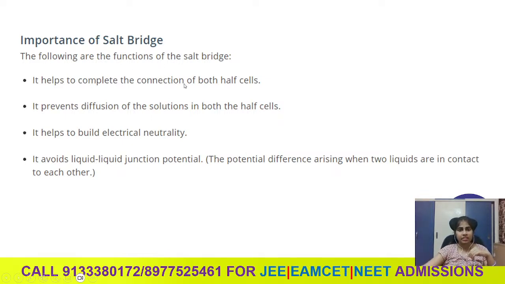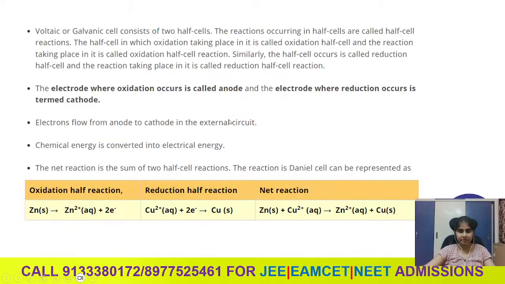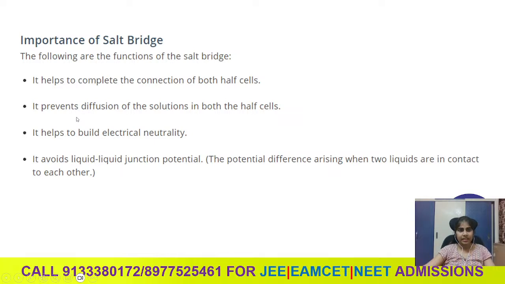See, the following are the functions of the salt bridge. It helps to complete the connection of both half cells. If you see in this diagram, these both half cells would not be connected actually. So with the help of this salt bridge, both the solutions will be connected, and it prevents diffusion of the solutions in both the half cells. It means it helps not to mix the zinc sulfate and copper sulfate solutions.